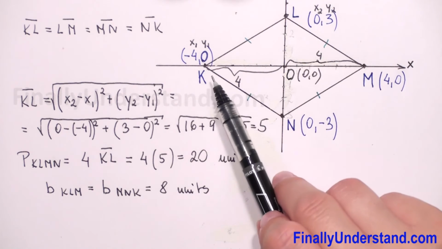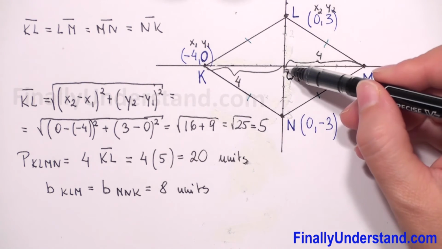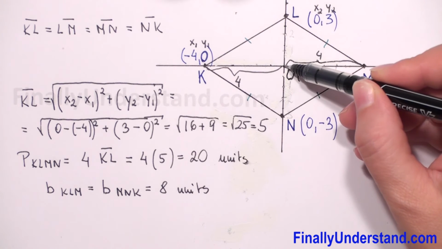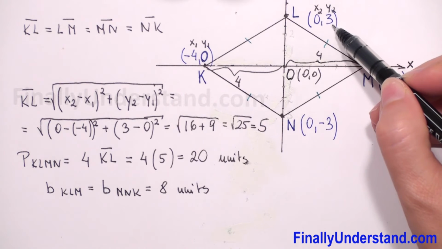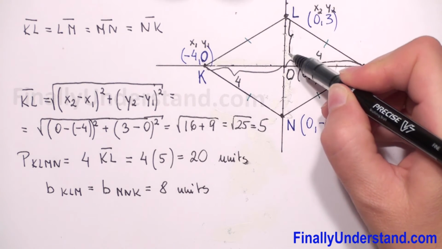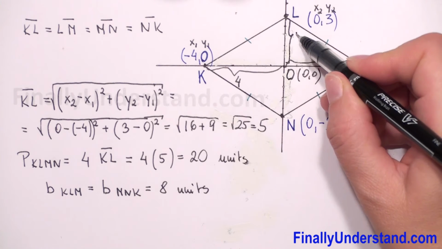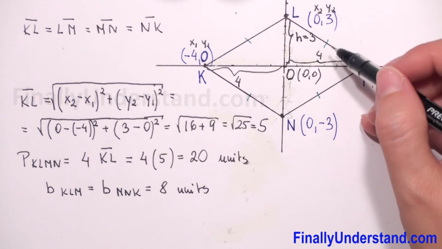Let's see first for triangle KLM. The height is from point O to L. Because the second coordinate of point L is 3, it means that our height is equal to 3 units.